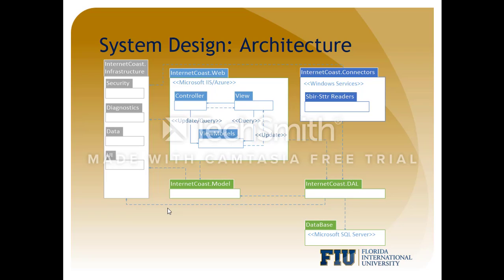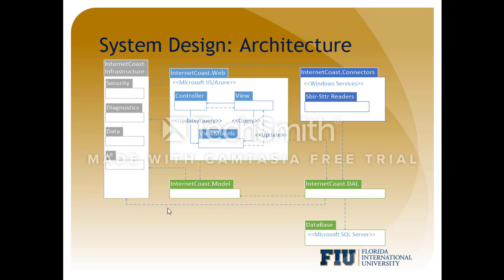Then we have what I'm calling the connectors, which are basically small programs that we can later deploy as probably Windows services or jobs or like a scheduled task. And basically what they do, as I mentioned before, they connect to a particular website, read the HTML page, parse that information, and input that data into our system.